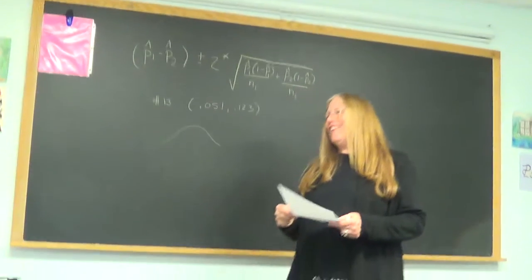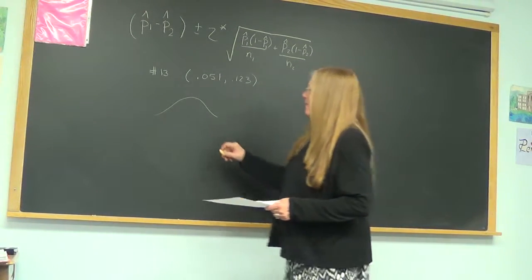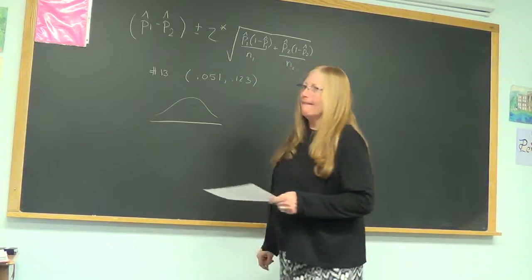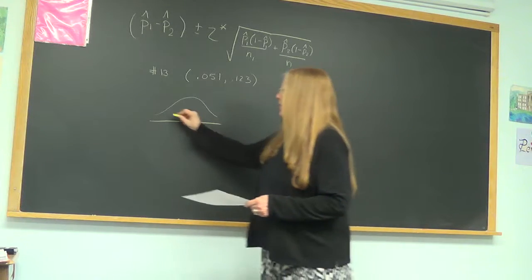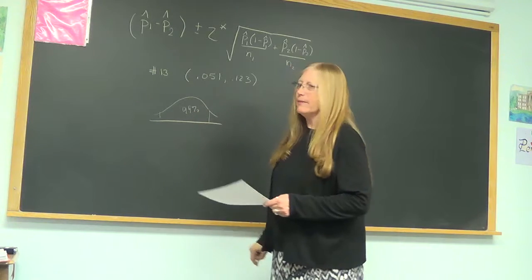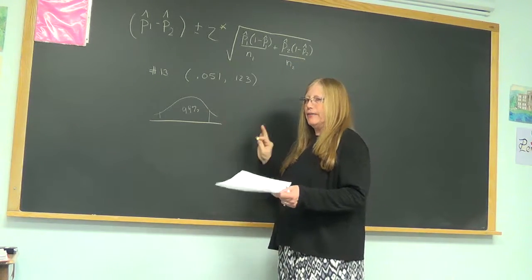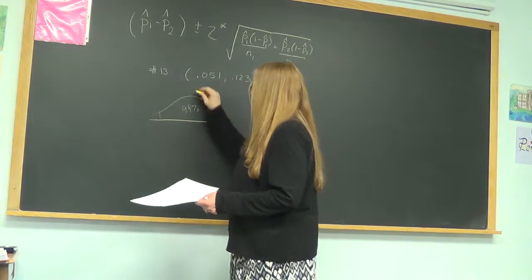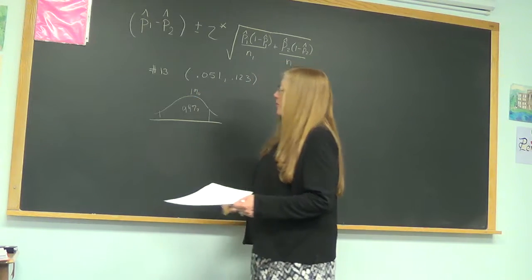Maggie, what is the confidence level? Is it 99? So you understand that when it's 99, this has to be under there. How much is out of that area? 1%.